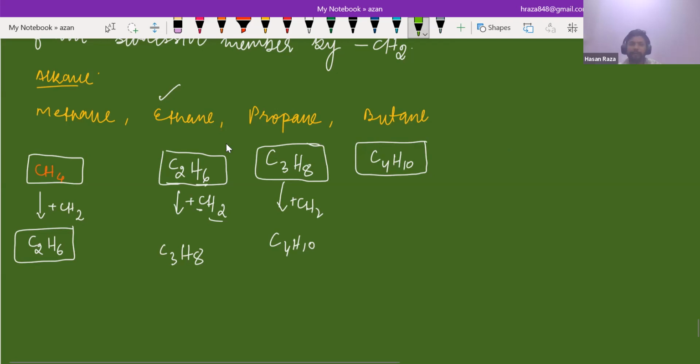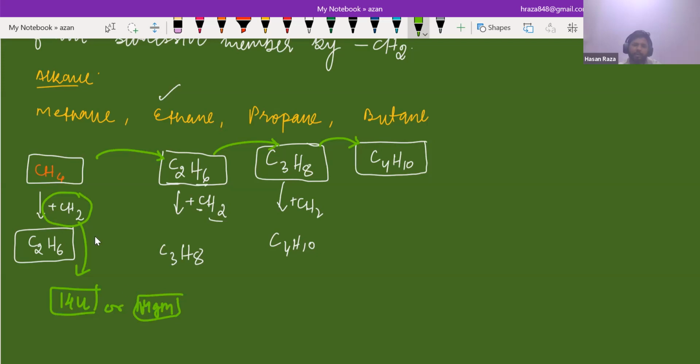Also, it's very important to note that successive members have a difference of CH2 formula, or you can say a difference of 14 u mass, 14 u, or you can say 14 gram. How did you calculate this? Carbon has atomic mass of 12 and one hydrogen is 1, so 2 hydrogen is 2. Got it? Yes, sir. So please do write it.